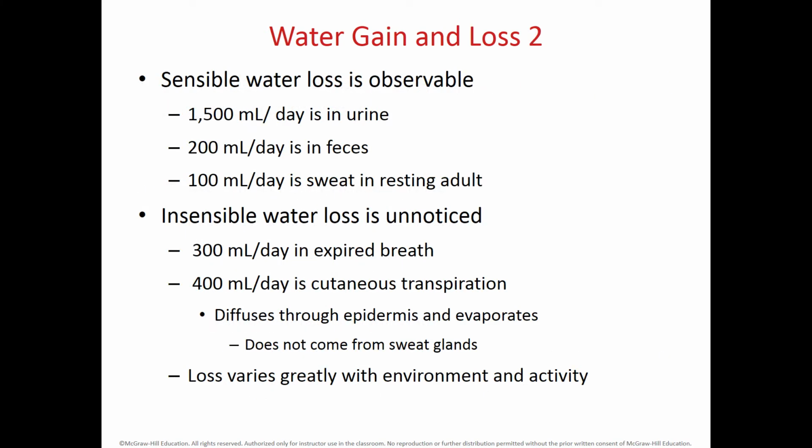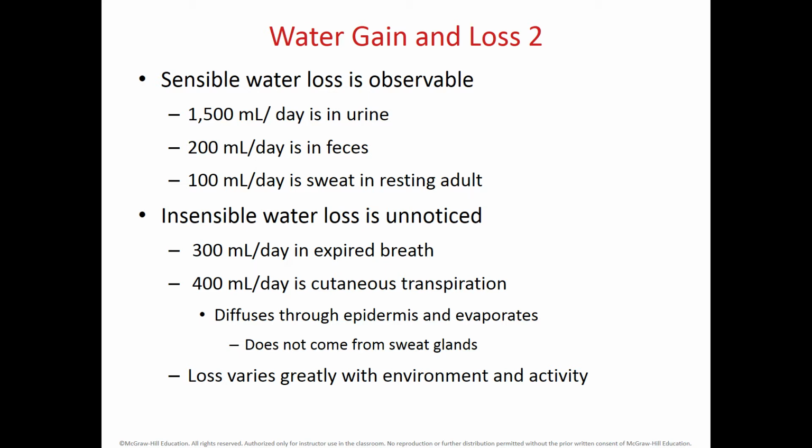Now, the loss of water can be subdivided into sensible and insensible. Sensible loss of water will be anything that we can see, and basically we produce 1.5 liters of urine.